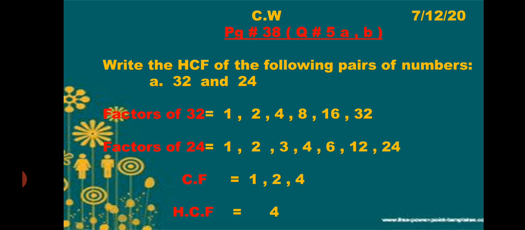These numbers are the factors of 32 because 32 is a multiple of these numbers. Clear? Then similarly we will write down the factors of 24: 1, 2, 3, 4, 6, 12 and 24.